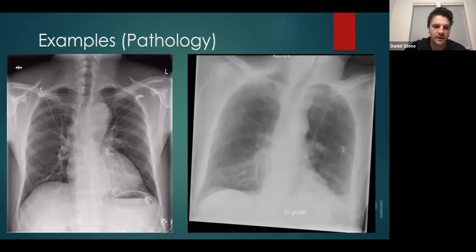So again, we have a couple of PA views. You can tell because of the clavicles. Immediately, we can tell that this is an adequate radiograph, and our eyes are immediately drawn toward the mediastinal abnormality in this photo. This is what a widened mediastinum in an aortic dissection looks like.